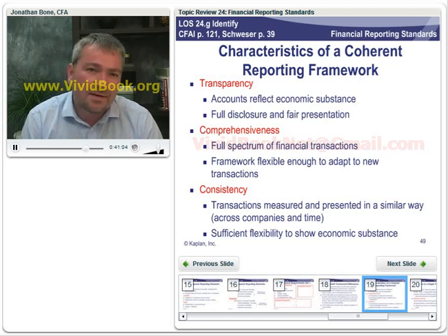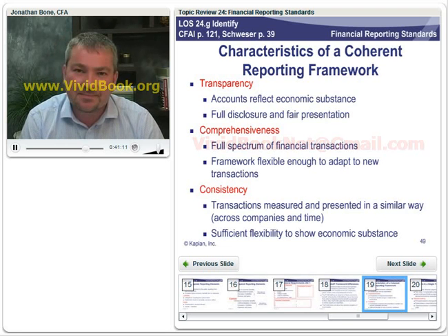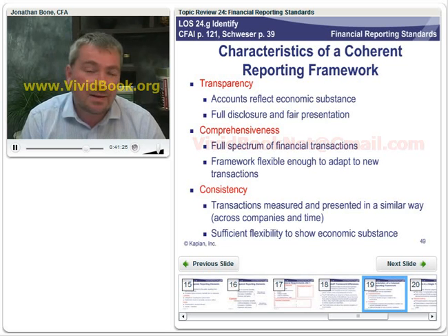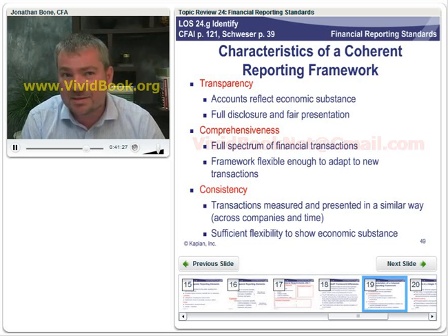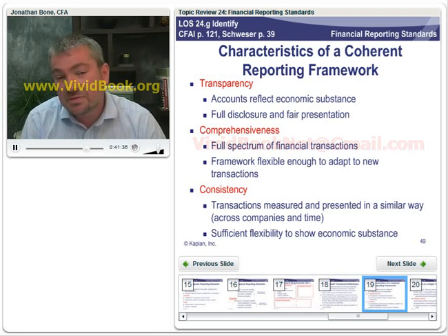We need the flexibility that the company can choose the accounting principles that represent the economic substance of the transaction. Now, of course, that always leads us into a conflict. If we establish a set of rules, then all companies are using the same rules, makes it easy to compare, but you're not necessarily seeing economic substance. If we give companies choices to choose the accounting policies that reflect economic substance, well, whenever there's choice, there's scope, of course, for stretching the accounting rules, or in the most extreme cases, fraudulent reporting.